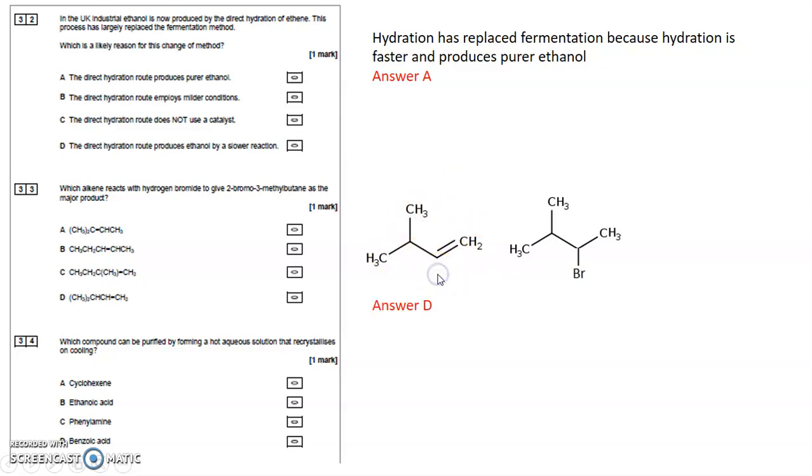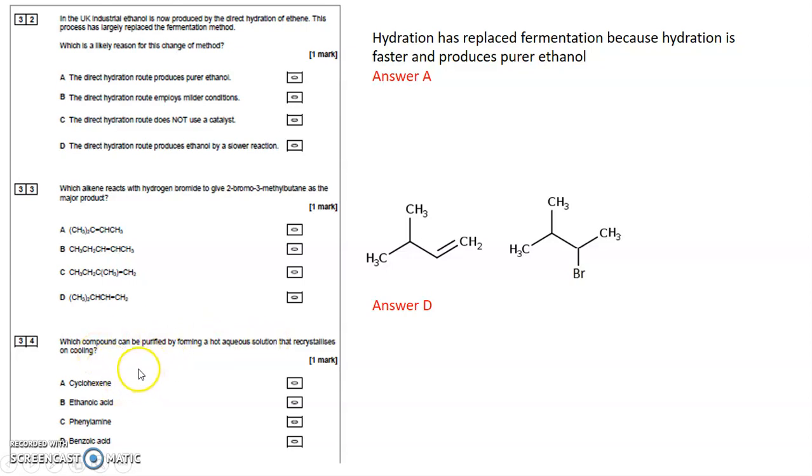So my answer is D. CH3 twice, 2 CH3s, CH, that's a C. It's got 3 carbons around it, so it's got an H bonded to it as well. CH here, CH2 with a double bond between. The answer is D.